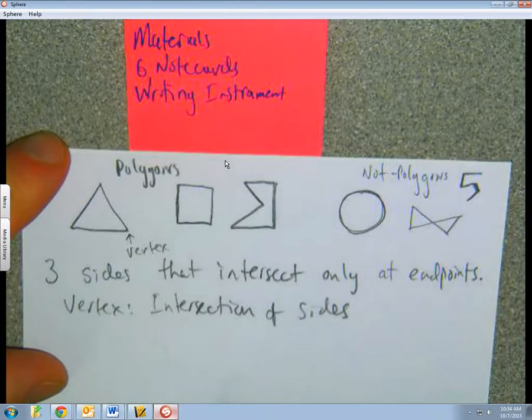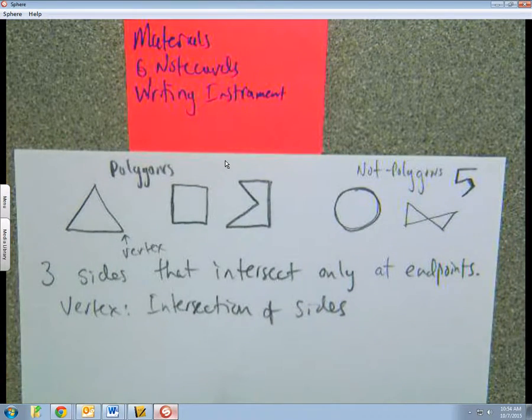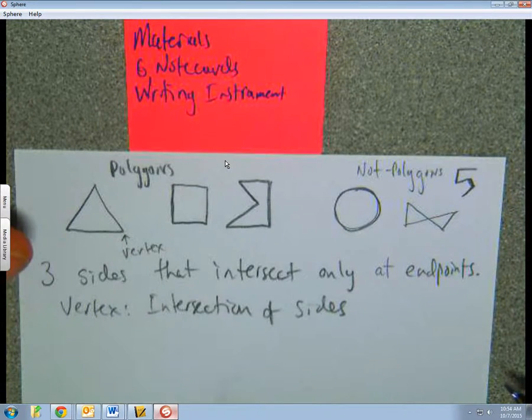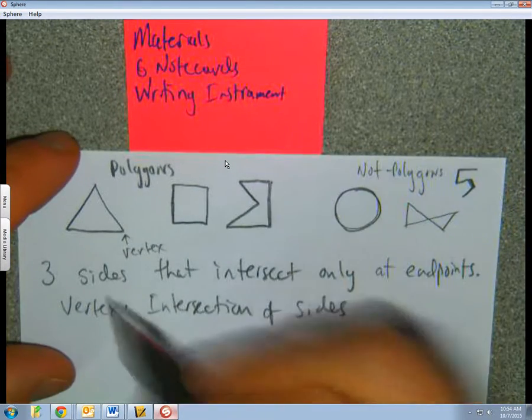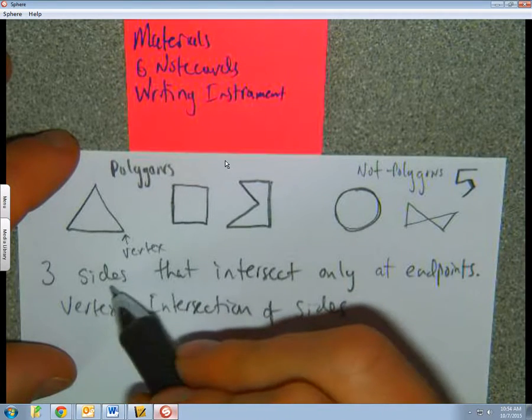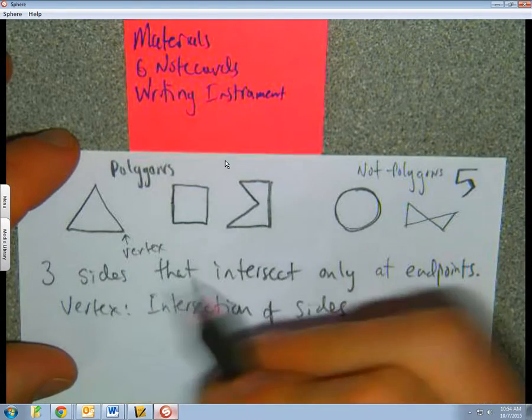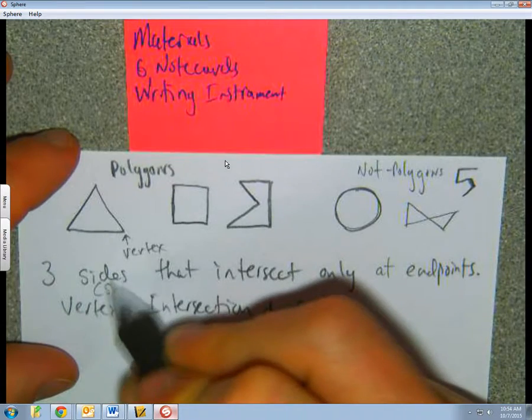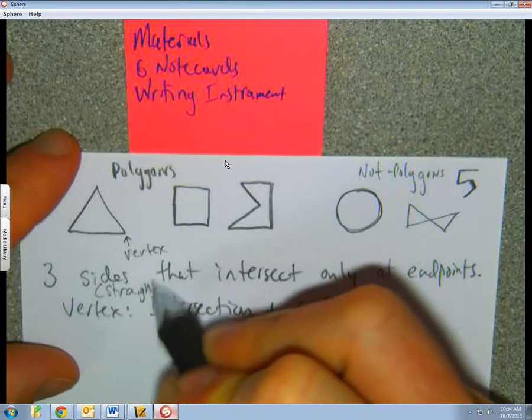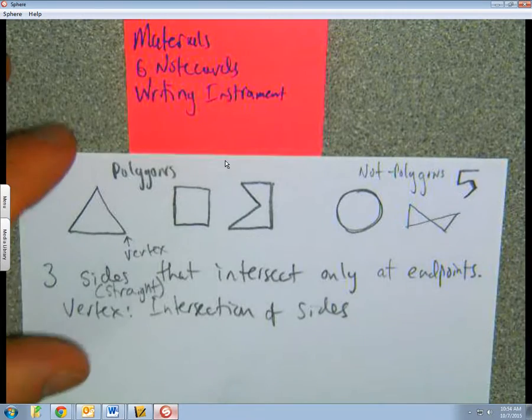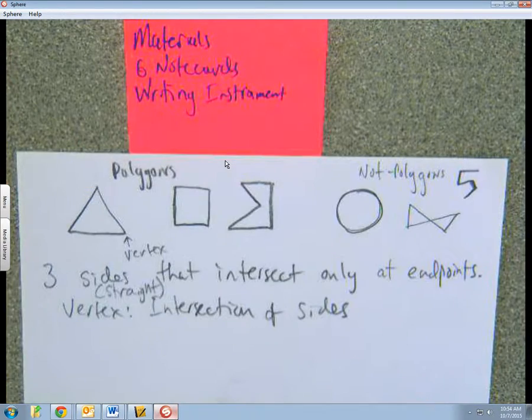Alright, so that's polygons and not polygons. 3 sides, I should say sides are segments, so they've got to be straight. Okay, so that is good for polygon.